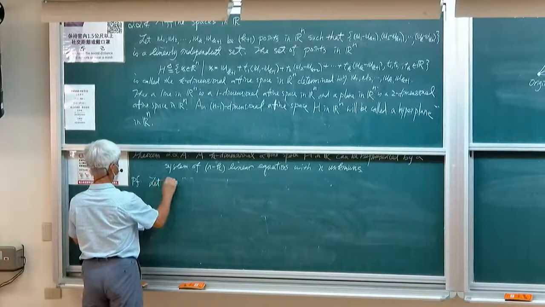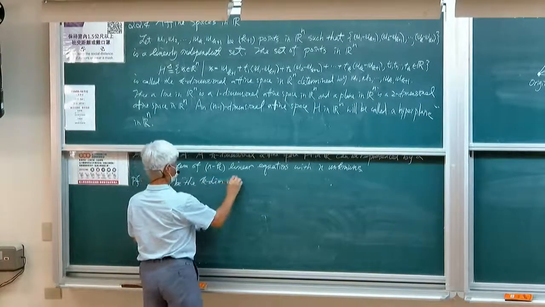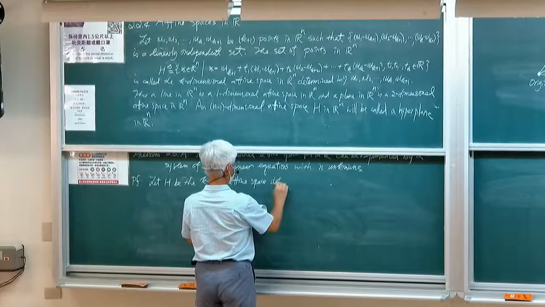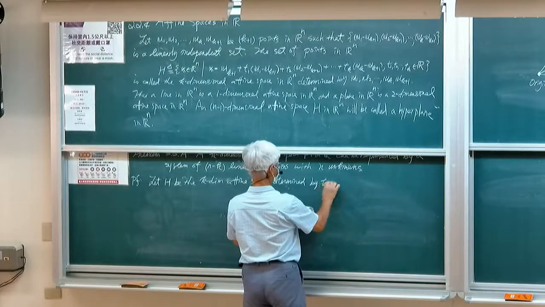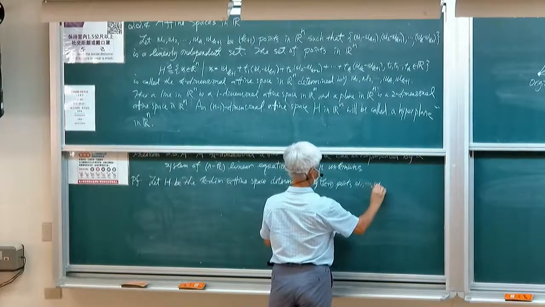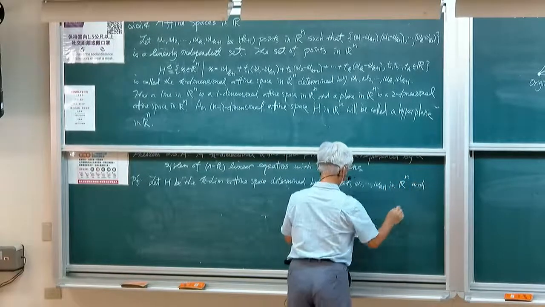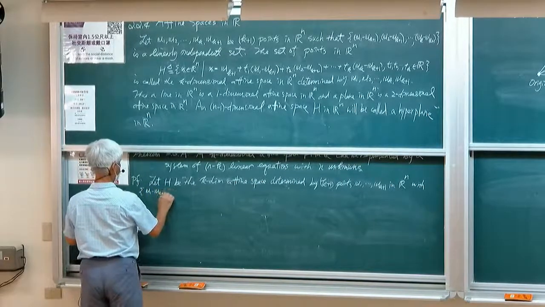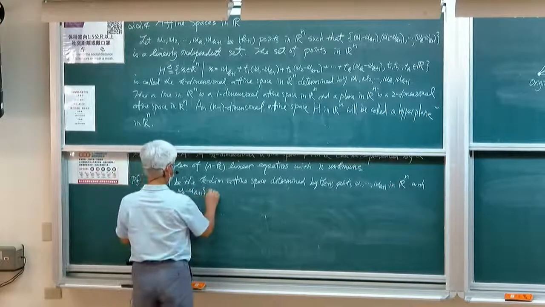All right, so let H be the k-dimensional affine space determined by k+1 points u_1 up to u_{k+1} in R^n, with, as we know, the set u_1 - u_{k+1}, ..., u_k - u_{k+1} a linearly independent set.